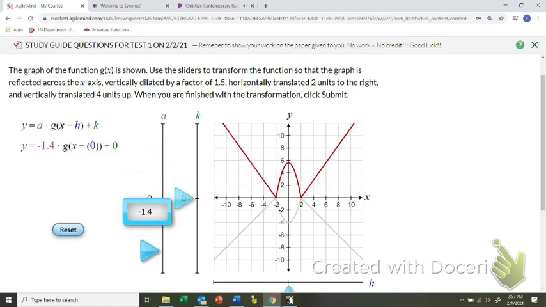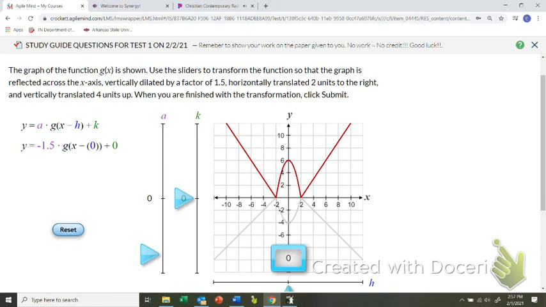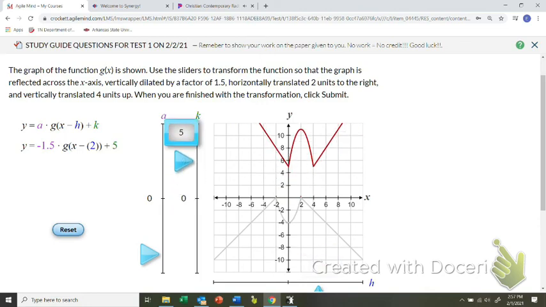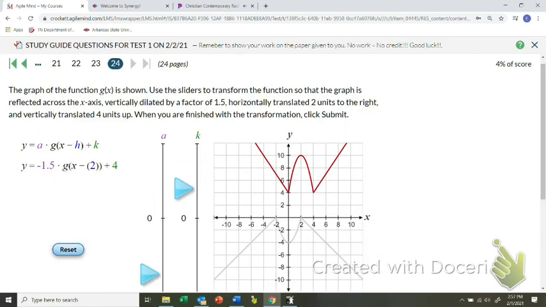And it tells us 1.5. All right, then it is horizontally translated 2 units to the right. So we take the H and we go 2. And then vertically translated up 4. All right, study this. If you have questions, let me know.